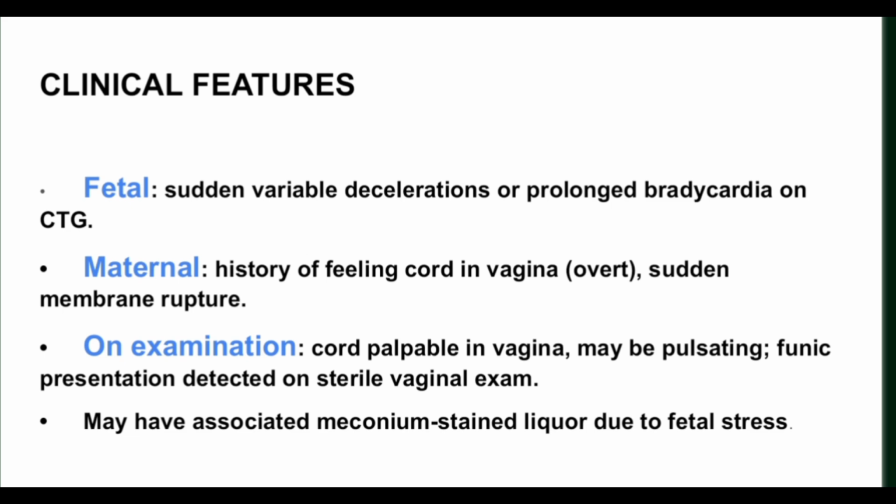For the maternal, we have got history of feeling the cord in the vagina, which is in the complete presentation, or sudden rupture of membranes. On examination, when you're doing a vaginal examination, you may feel a pulsating cord. Then the funic presentation might be detected via a sterile vaginal exam. This is also associated with meconium stained liquor due to fetal distress.